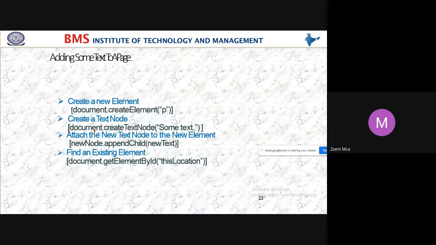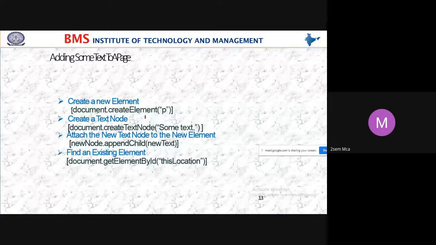When you want to create new text, what do we write? document.createTextNode. Yes, students, this is all just theory. When we actually implement all these things in the program, only then you will get a clear idea.